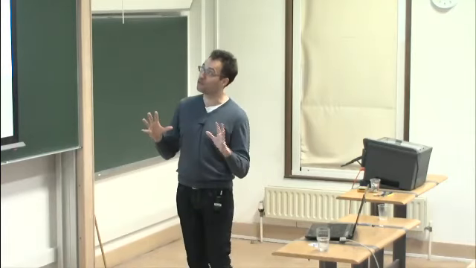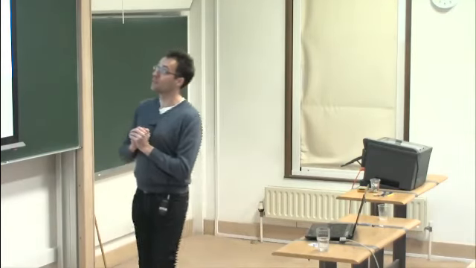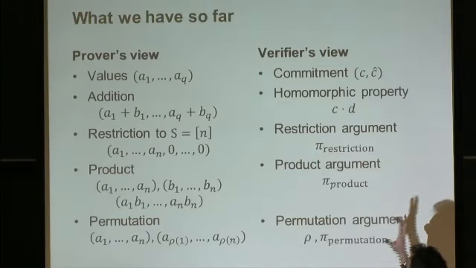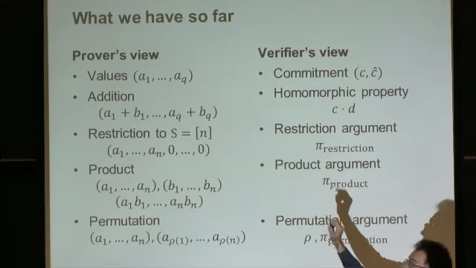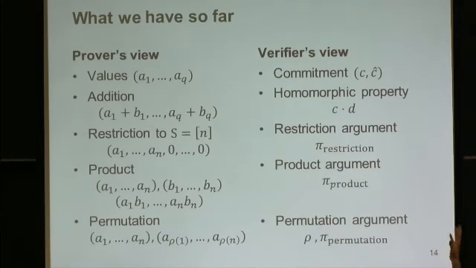Okay, so what we have so far, if you look at it from the prover's and verifier's side, is that the prover can take some values and commit to them. The verifier just sees two group elements, but it's guaranteed that the prover knows these values A1 through Aq. We have the homomorphic property, so we can take two commitments and multiply them together, and the verifier is guaranteed that what's inside is now the sum of these committed values. We have a restriction argument, so we can restrict to some set.